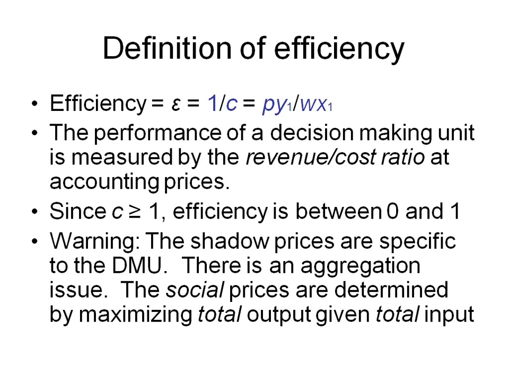It is closely related to profit. I mean, profit is revenue minus cost, whereas here we have revenue divided by cost. Okay? But indeed, this is going to be equal to 1 if and only if profit is 0.